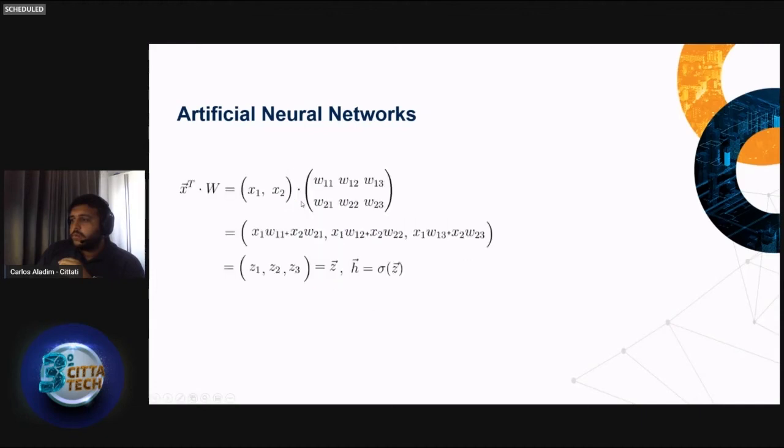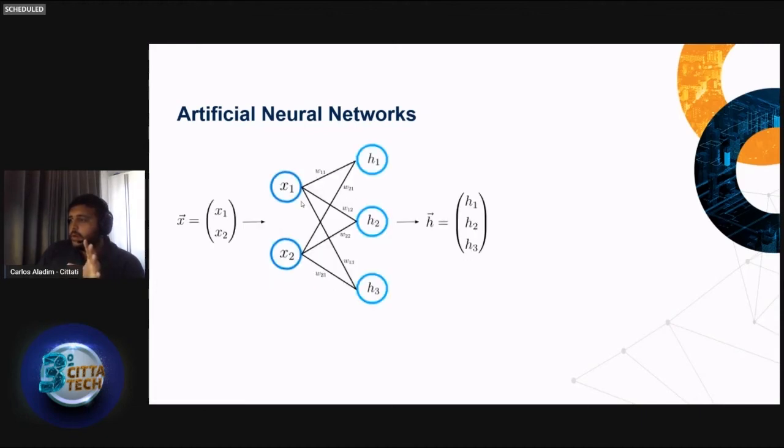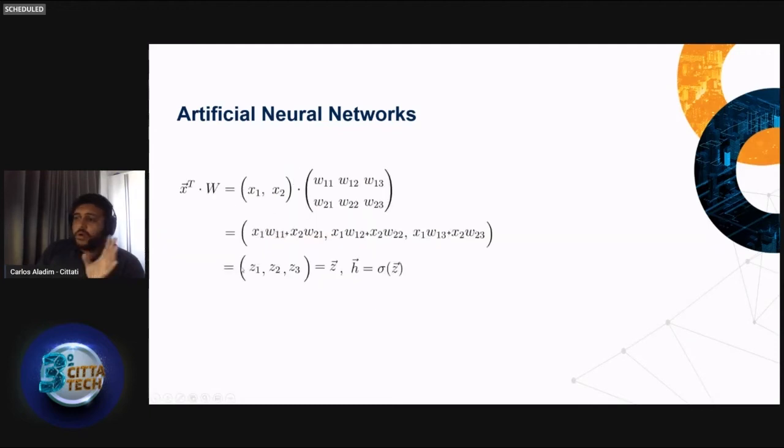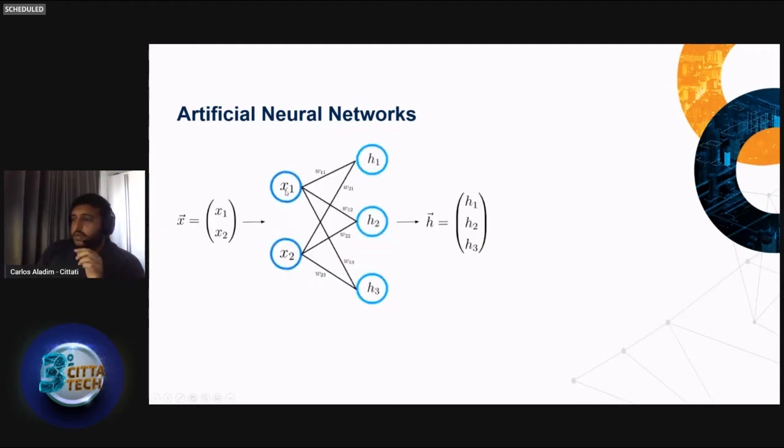We have a vector X1, X2 that represents the inputs, and we have the weight matrix. To be clear, Z1, for example, is the sum of X1 multiplied by W11 with X2 multiplied by W21.